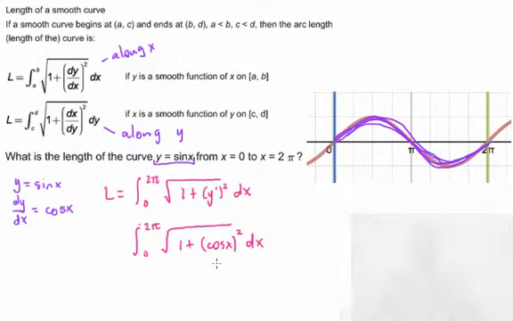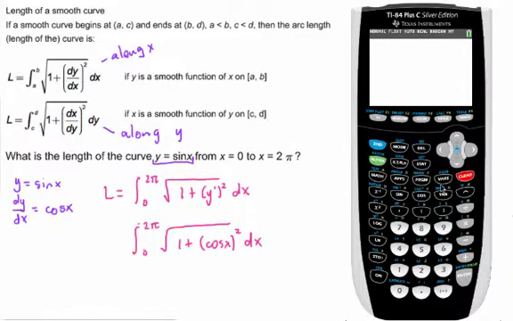Hopefully we'll match. All right, so if we're going to solve this guy out on our calculator, if you've got the TI-84, you're going to hit the alpha window button, and it's going to take you right to all these choices right here. One of those choices is choice 4, and we're going to go from 0 to 2 pi.